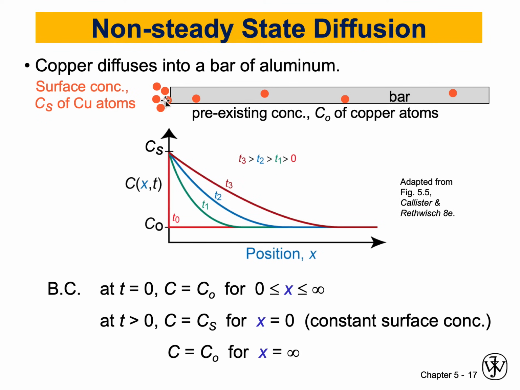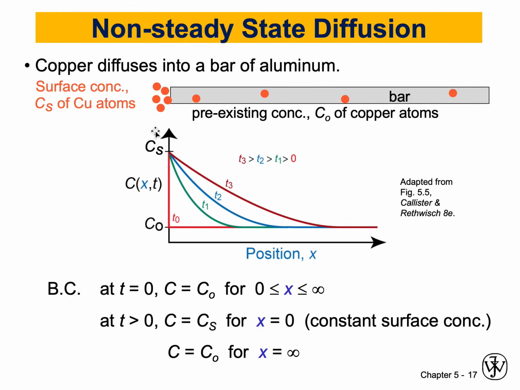We would like to see what's going to happen to this, and we assume that CS is way larger than C0. So the concentration of copper outside at this location is larger than the initial concentration of copper inside the bar. If we left these copper atoms on this side for a long period of time, they will diffuse inside the aluminum bar. And if we looked at the non-steady state diffusion formula of Fick's second law, how would that look?